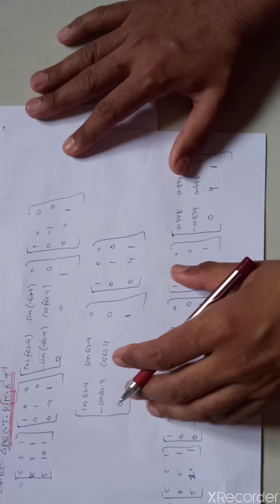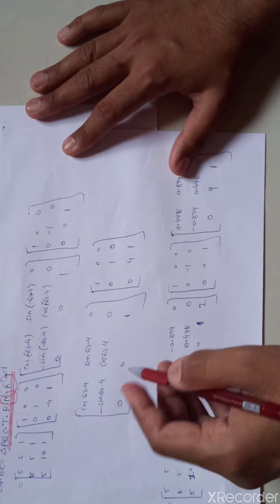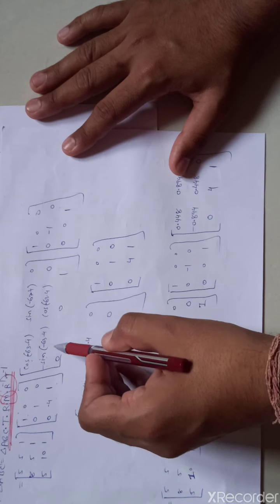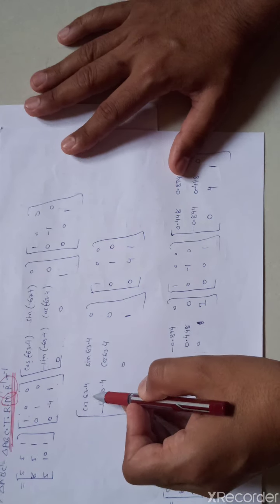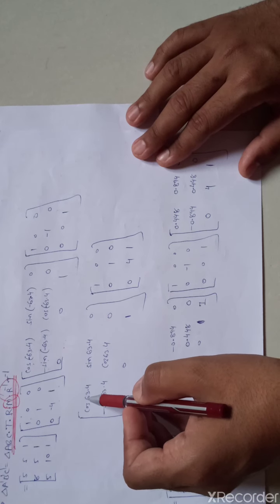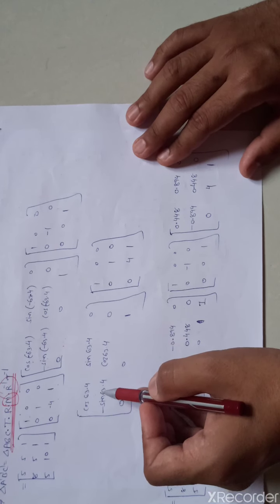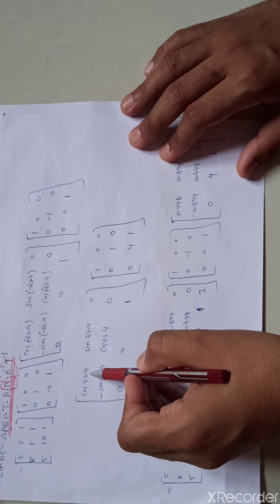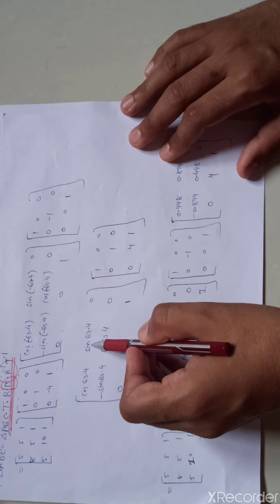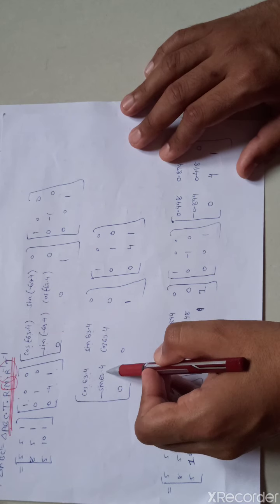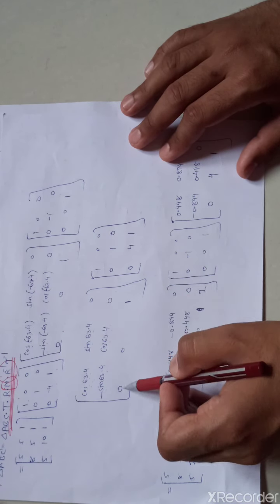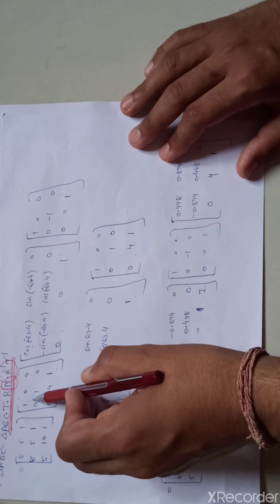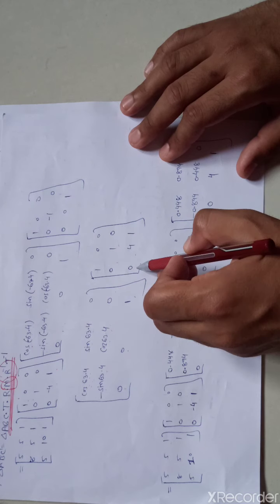Now rotation inverse. This is anti-clockwise, while the earlier one is clockwise, so here we put the equation for the anti-clockwise: cos 63.4, sin 63.4, 0; minus sin 63.4, cos 63.4, 0; 0 0 1. Now translation inverse. This is given by 1 0 0, 0 1 0, 0 4 1.